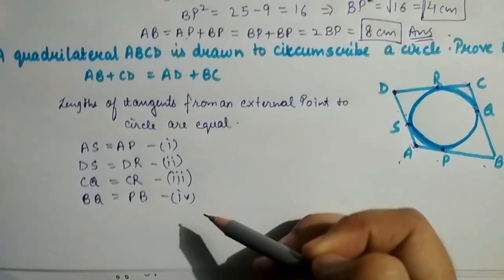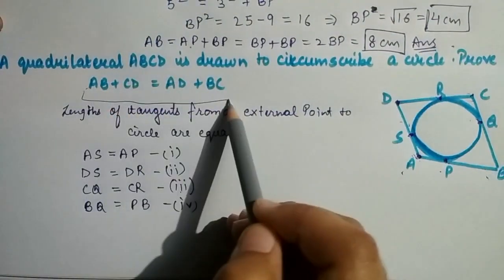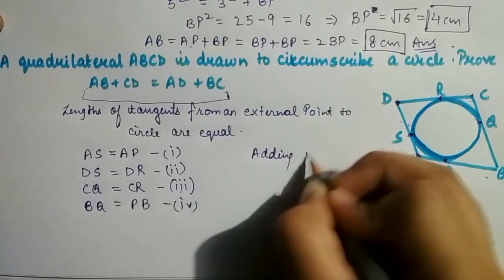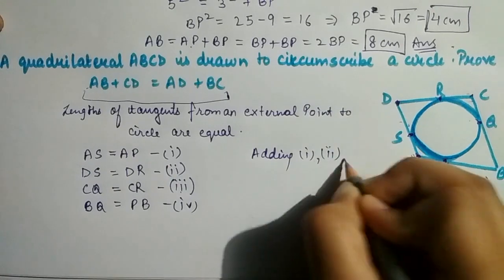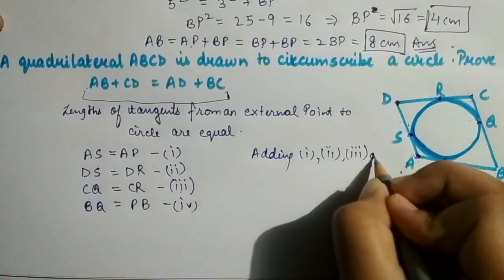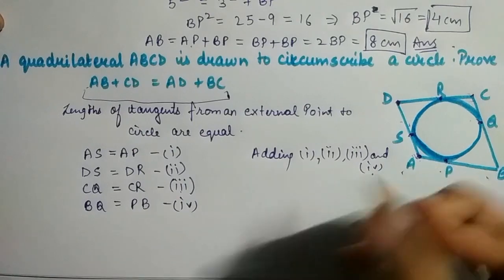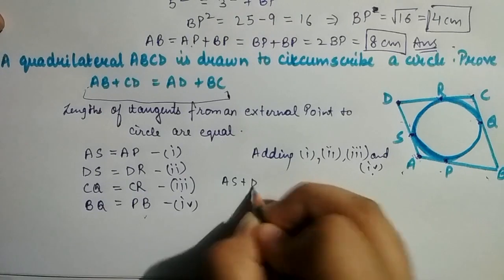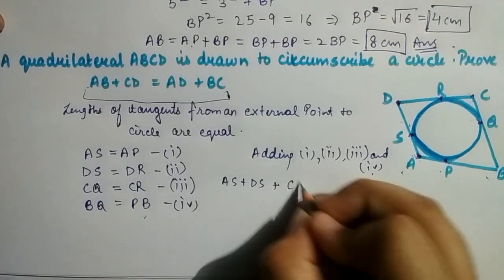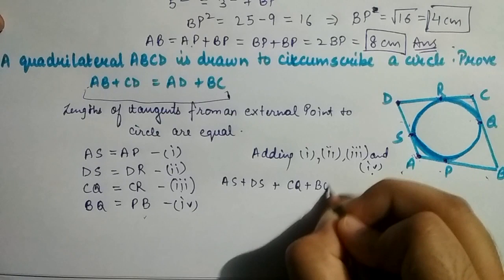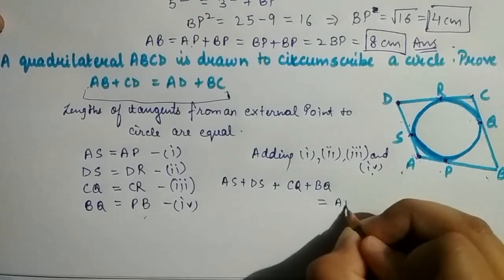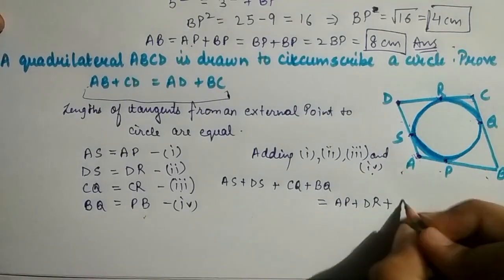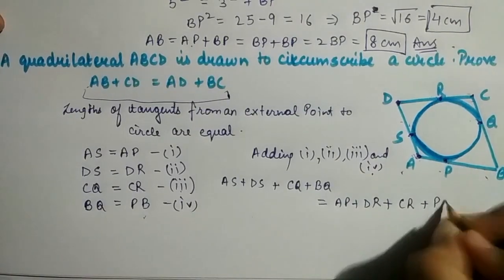So what you will do is, in order to prove this equation, you will add these four equations. Adding 1, 2, 3 and 4. So what you will get on adding, you will add left hand sides and right hand sides. So AS plus DS plus CQ plus BQ is equal to AP plus DR plus CR plus PB.